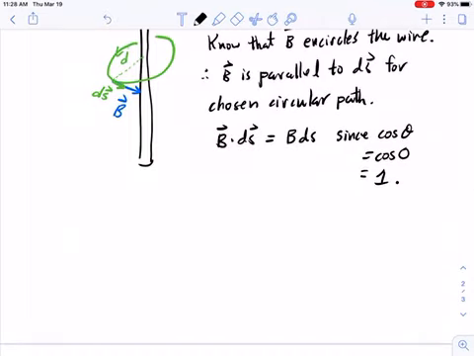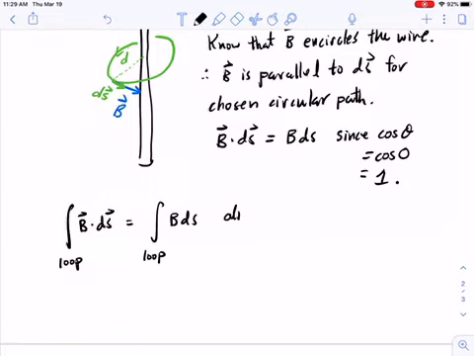So when we evaluate B dot ds around our circular loop, that's going to be the integral of B ds. We've gotten rid of the dot product for parallel vectors.